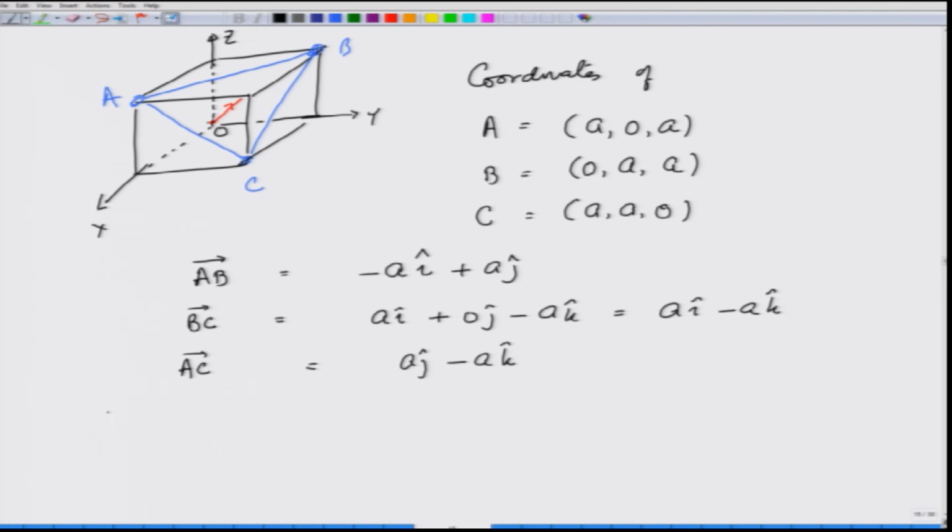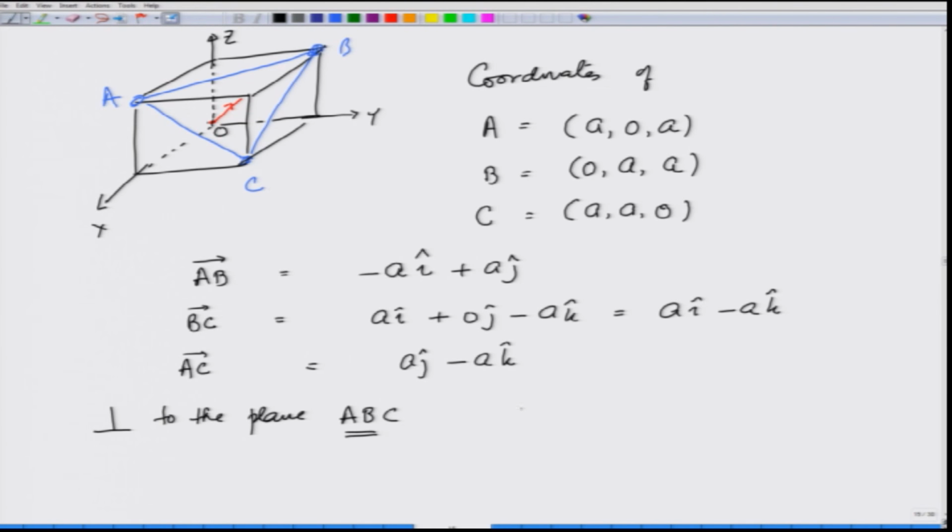Now, the perpendicular to the plane ABC is given by the cross product of any two of these vectors.